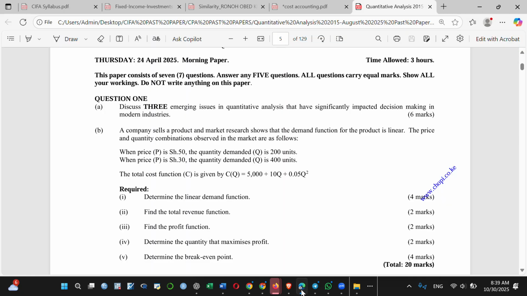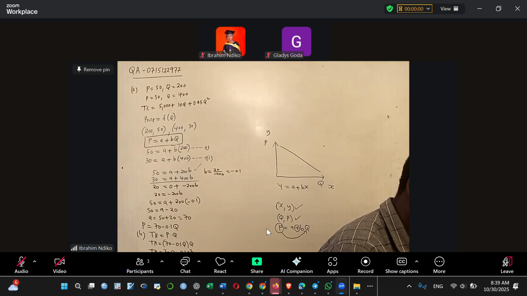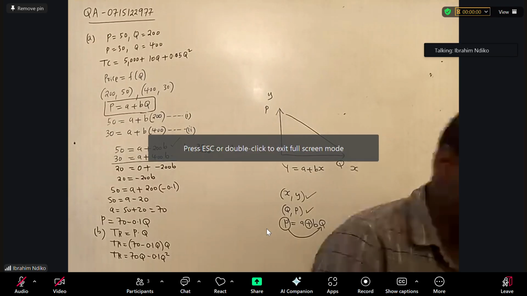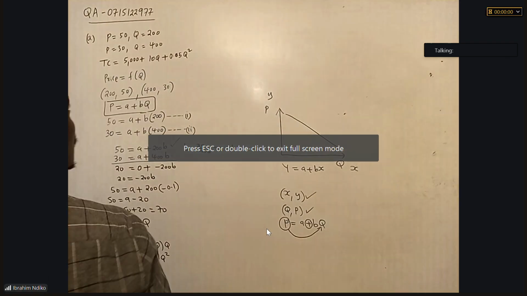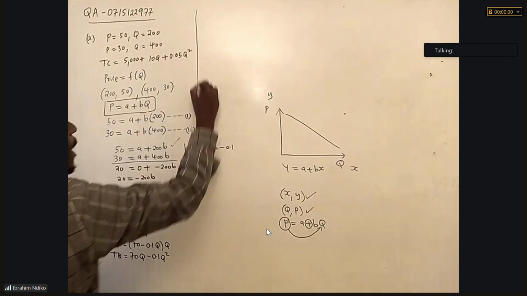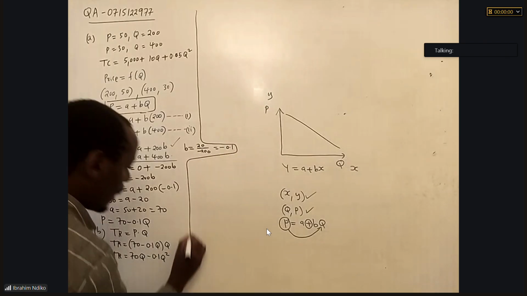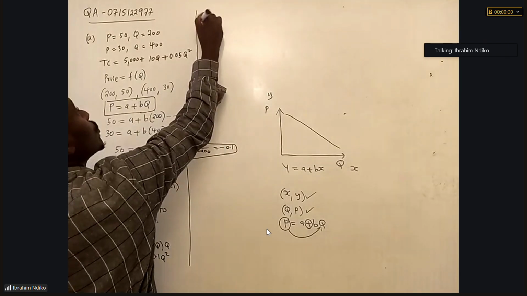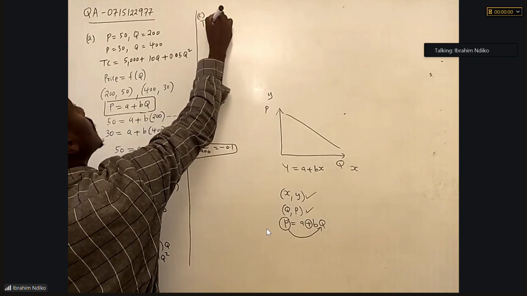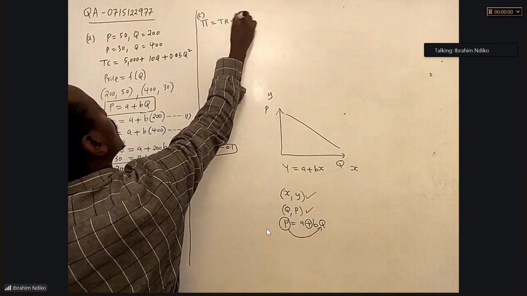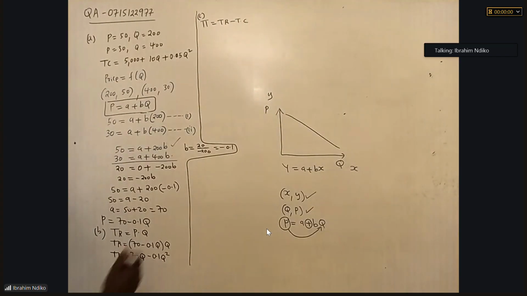Next one is the profit function. Now, profit function, that is number 3, equals total revenue minus total cost.